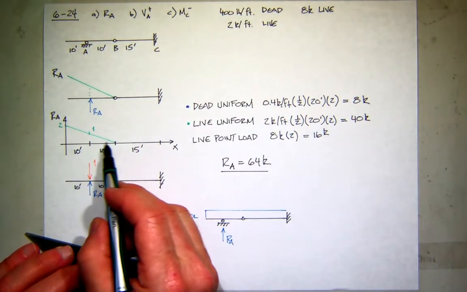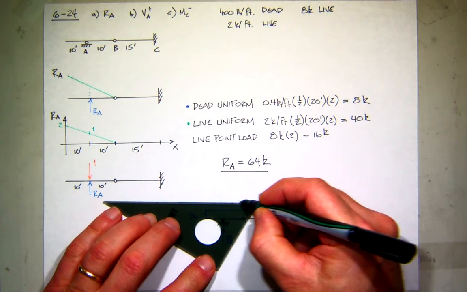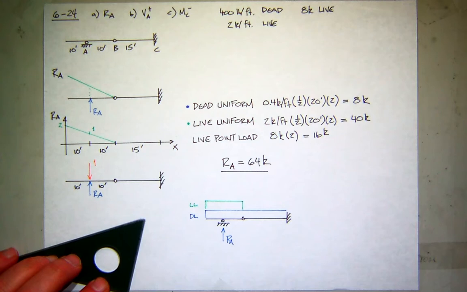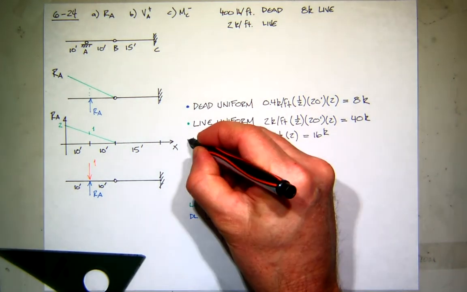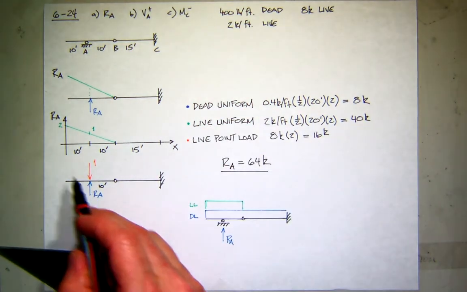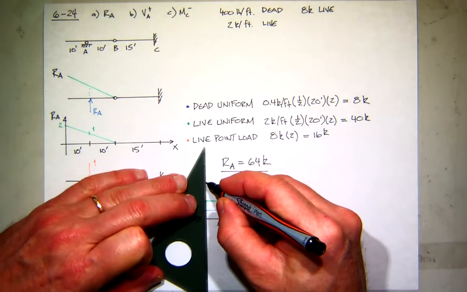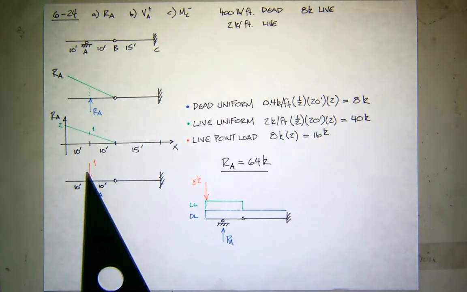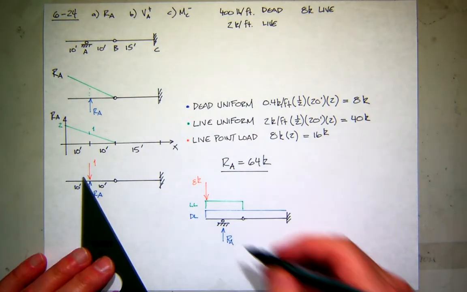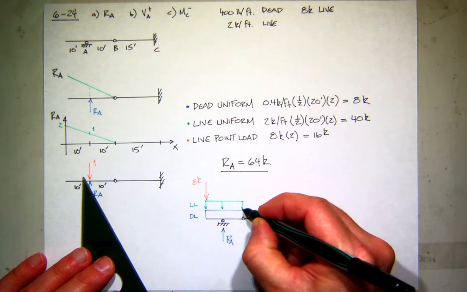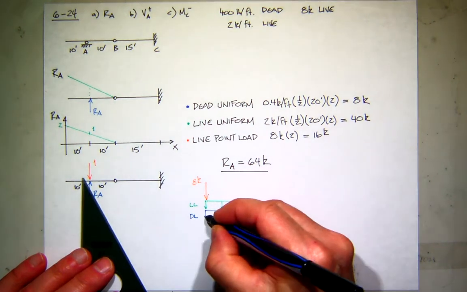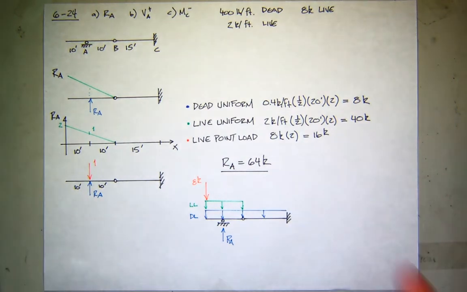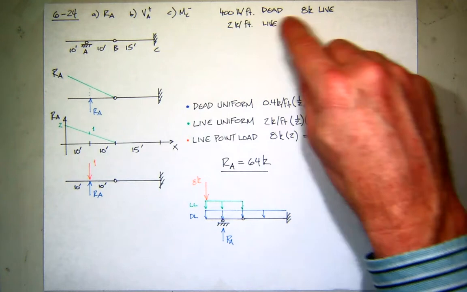It only has to go over this part of the structure, because that's the only part that it makes a contribution to. And then the point load, where does it go? It goes all the way here on the edge, where it creates the maximum value. So that's the configuration that creates the largest reaction at A for this combination of dead and live uniform loads and a live point load.